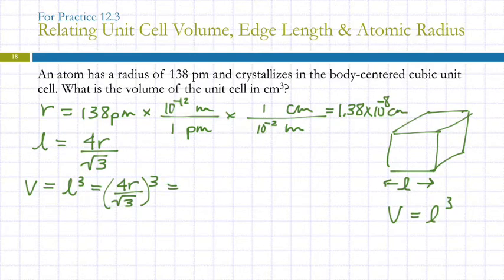So now I'm going to take that and plug it into this equation: 4 times 1.38 times 10 to the minus 8 divided by the square root of 3, cubed. You have to be a little careful when you do this on your calculator. So we have 4 times 1.38 times 10 to the minus 8 divided by the square root of 3, and that whole thing to the 3rd power.